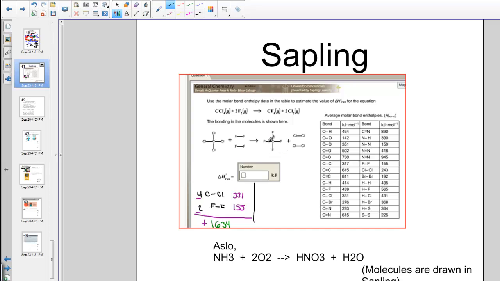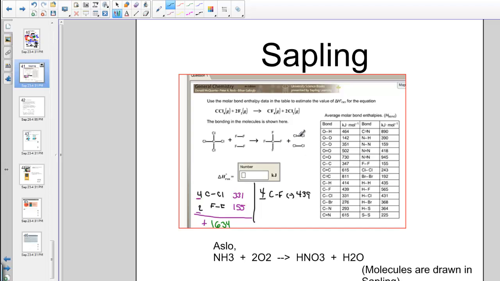Let's do the same sort of work over here. On the product side, I have 4 C-F bonds in that first molecule. How much energy is that? A C-F bond is 439. Remember that we're forming bonds, just as a little memory tool, that will end up making this negative, and these remained positive.